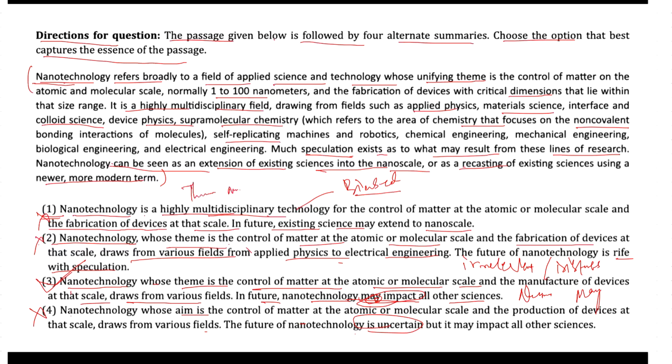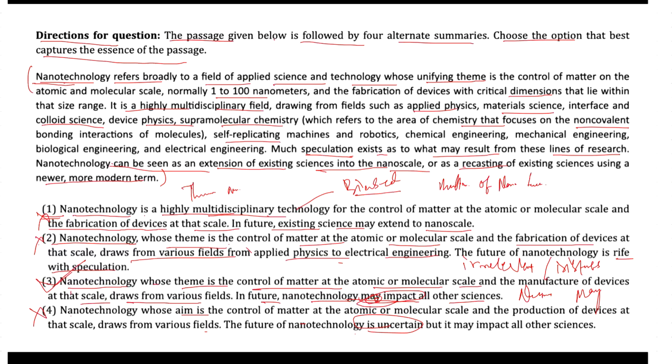Which is the control of matter at the atomic or molecular scale and the manufacture of devices at that scale. It also correctly identifies the multidisciplinary nature of nanotechnology, right? So, drawing from various fields.